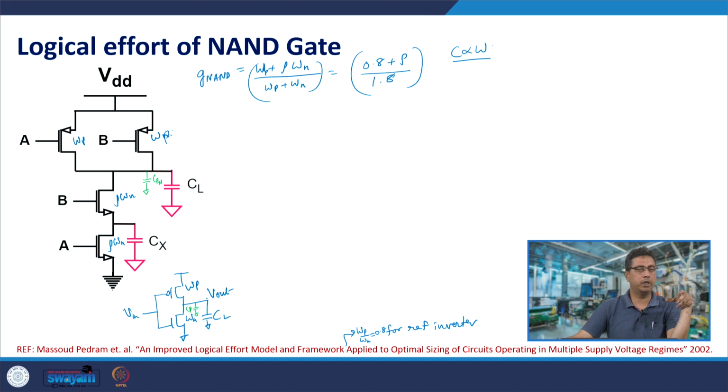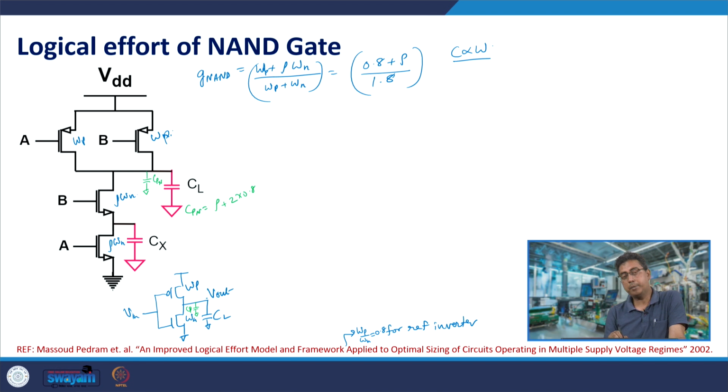For a regular layout, parasitic capacitance would be almost proportional to the width of the device. So, the parasitic capacitance at the output node would turn out to be rho plus 2 into 0.8, divided by 1.8. I am sorry, this would turn out to be the parasitic capacitance at the output node.